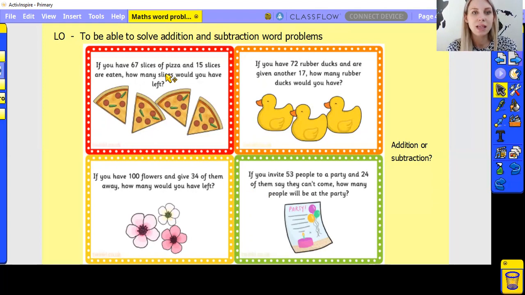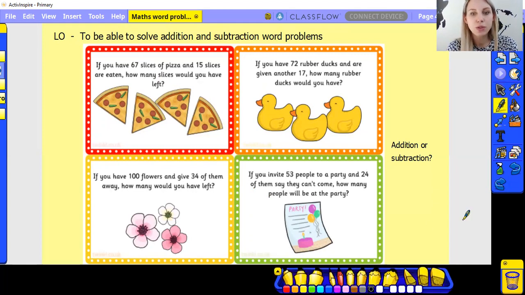And here I can see we're talking about pizzas and it says eaten. Some of them are eaten. Now, when we're in school, we like to underline or circle some of the keywords in our problems because it helps us when we're then going to write out our number sentence. So it's eaten, which means they're going away. So that's going to be subtract.